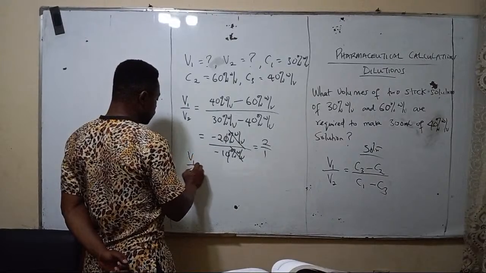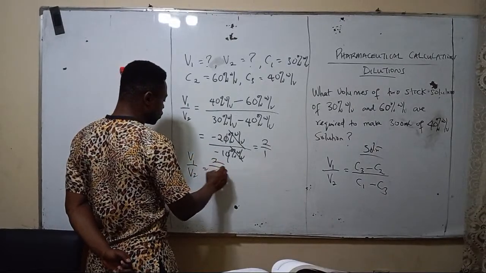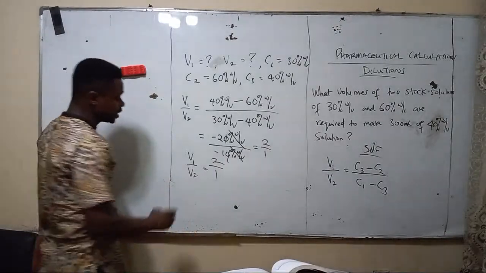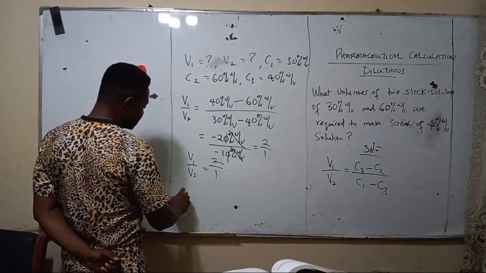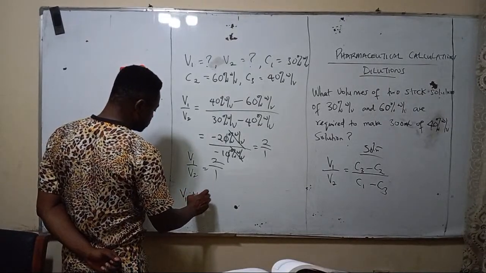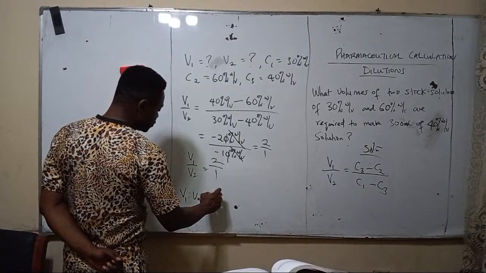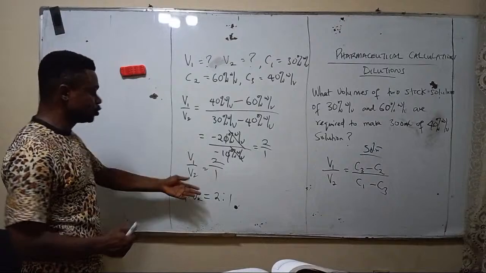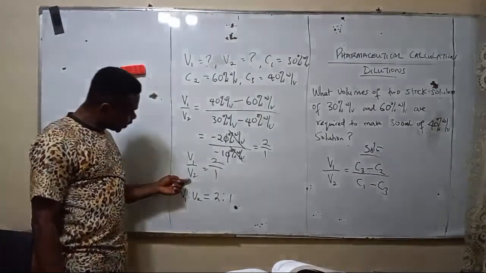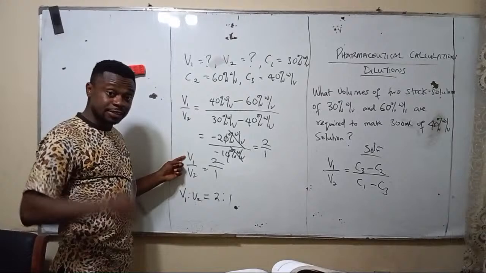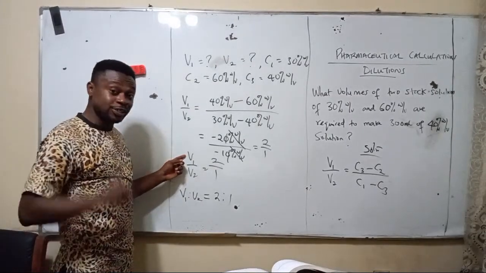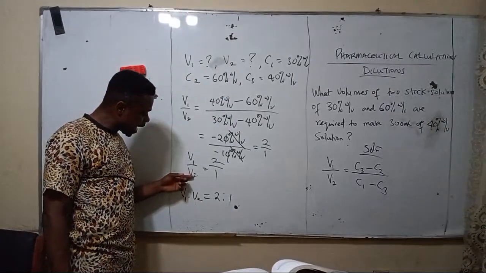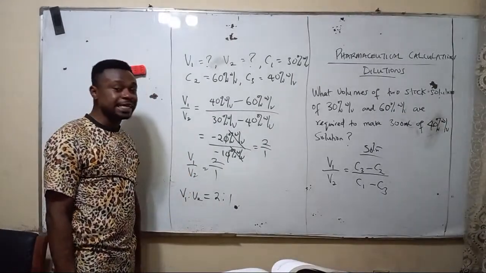So V1 over V2 is equal to 2 over 1, which means that V1 is to V2 as 2 is to 1. So the value of V1 is twice the value of V2, and the value of V2 is half the value of V1.